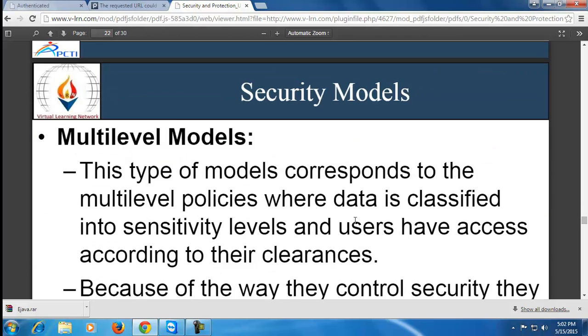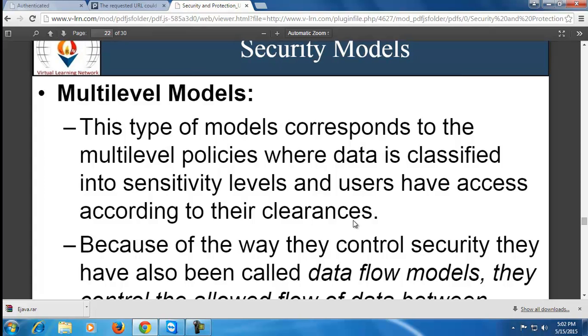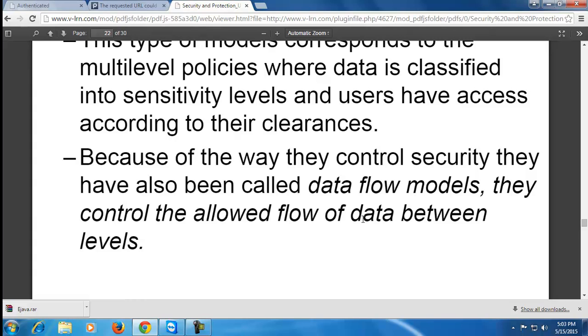Next is security models, multi-level models. These correspond to multi-level policies and multi-level sensitivity of users, who can have access rights according to their clearance. Because of the way they control security, they have also been called data flow models.